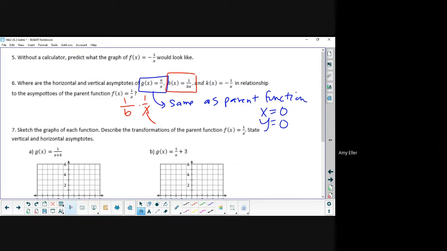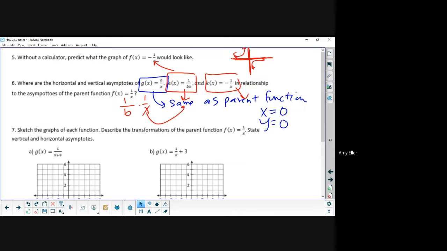No. So same answer. Think about the next one. We graphed that up here. Do we have the same asymptotes? x equals 0 and y equals 0? Yes. Same.